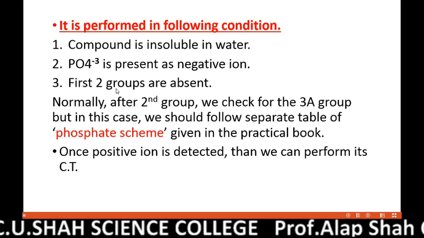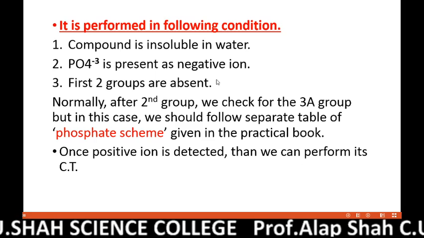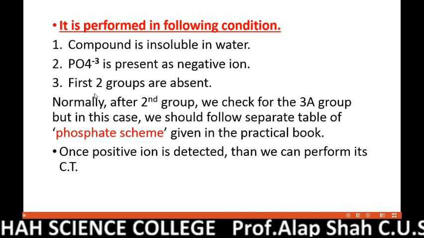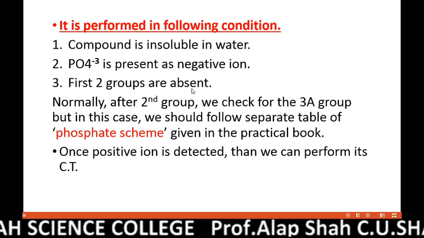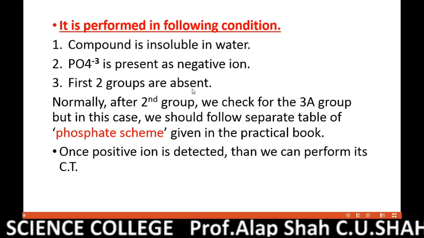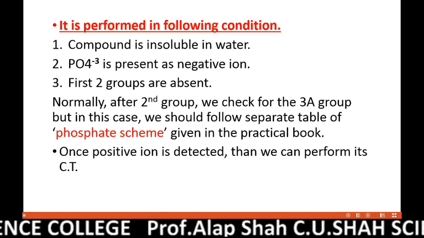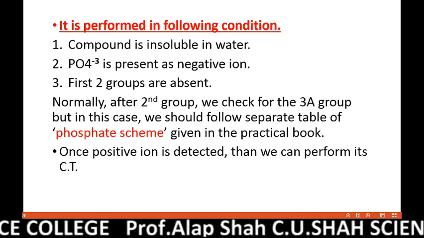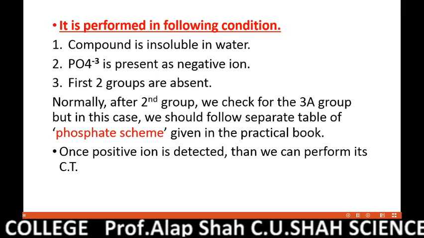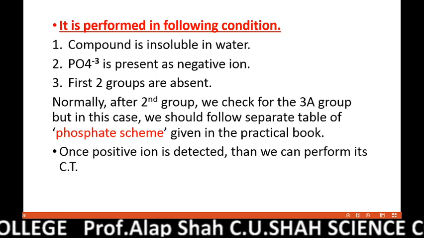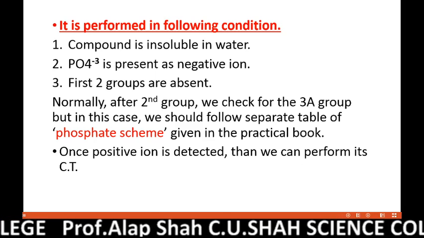So the third point is this scheme is performed after the first two groups. So when these three conditions are simultaneously fulfilled, the compound should be insoluble in water, the negative radical present should be phosphate, and first and second group are absent.